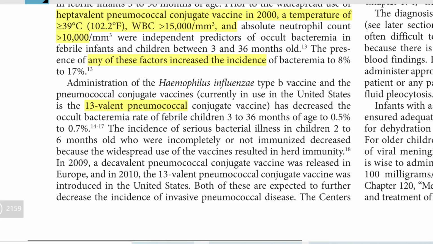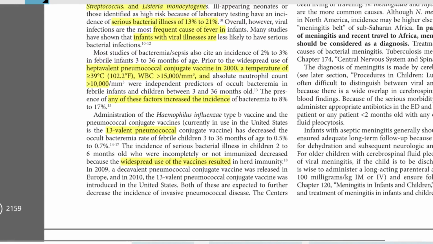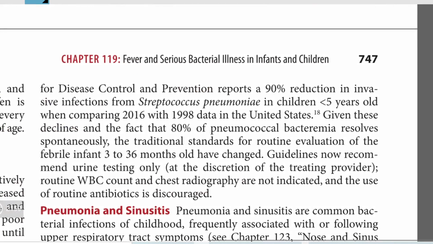The incidence of serious bacterial illness in children 2 to 6 months old who are incompletely or not immunized has decreased because widespread use of vaccines resulted in herd immunity. In 2009, a decavalent pneumococcal conjugate vaccine was released, and there is a 90% reduction in the infective rate.